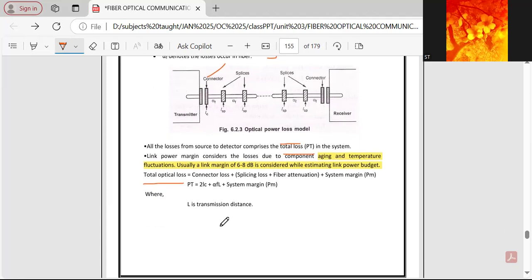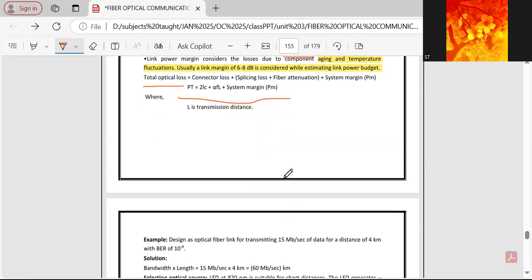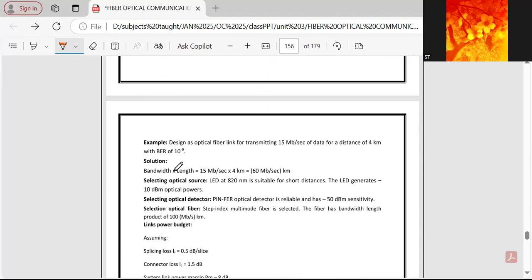Here L denotes the transmission distance, the distance between the transmitter and receiver. By this formula, we can calculate the total optical power loss. Now we see one example of how to calculate the link power budget.